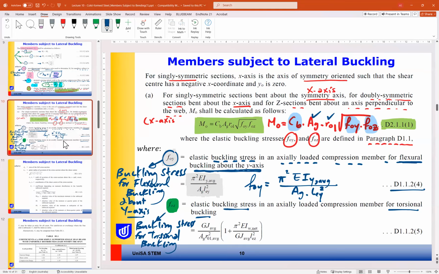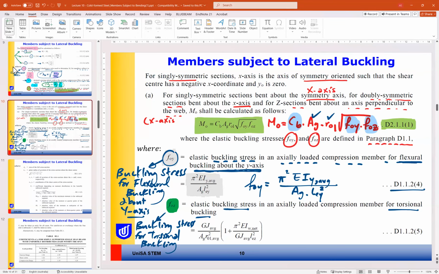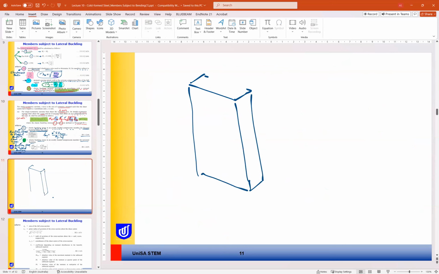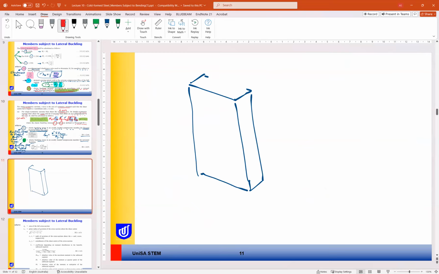So if we have a section like this, with this x-axis and this y-axis for the section, the longitudinal or the vertical axis is what?